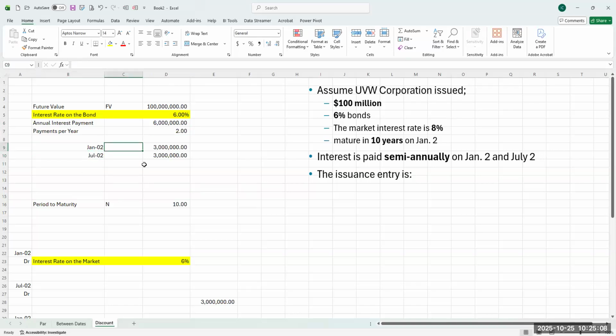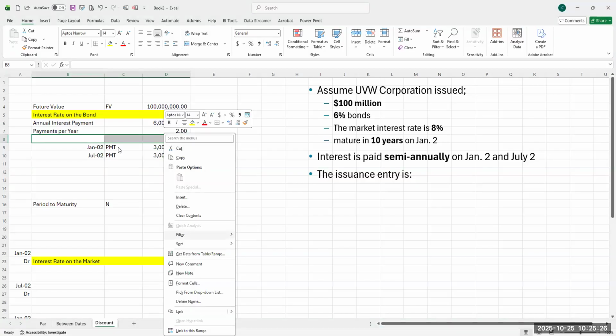So our PMT payment is 3 million. Annual is 6 million, but we're paying it in 2 installments, on January 2nd and July 2nd.